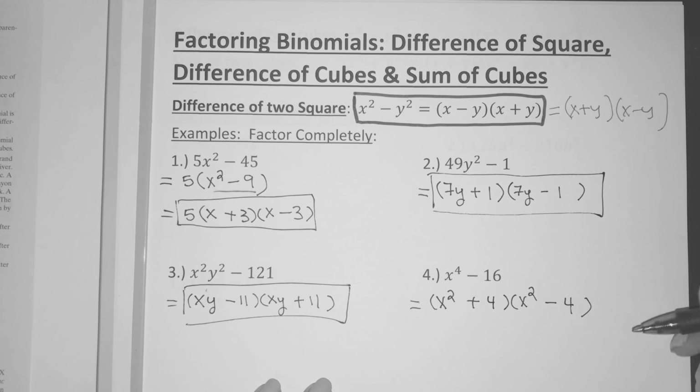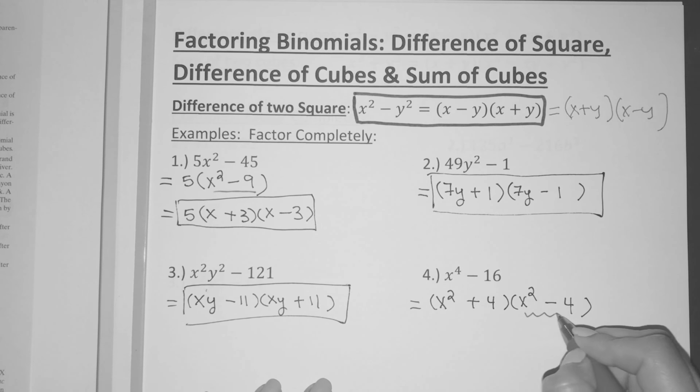Now this is a little bit different because if you look at this carefully, it is not completely factored. Take a look at x squared minus 4. This right here is another difference of squares. So we can continue factoring this second part.